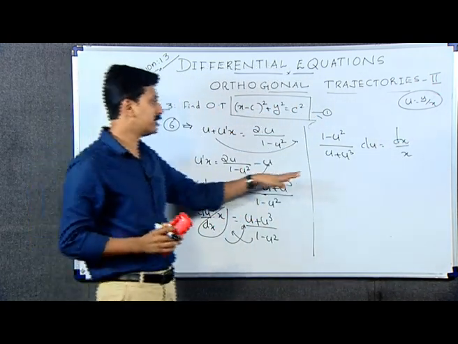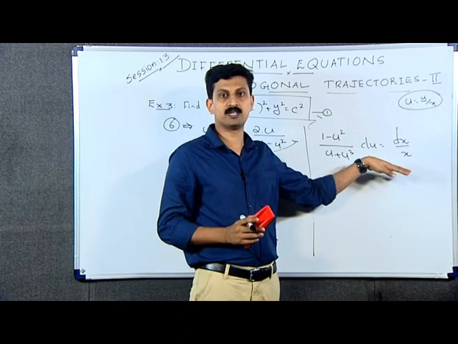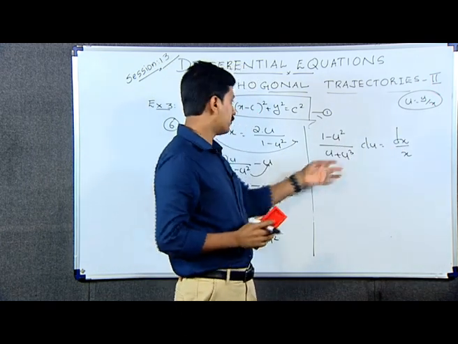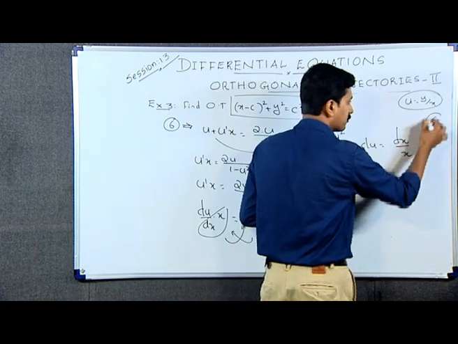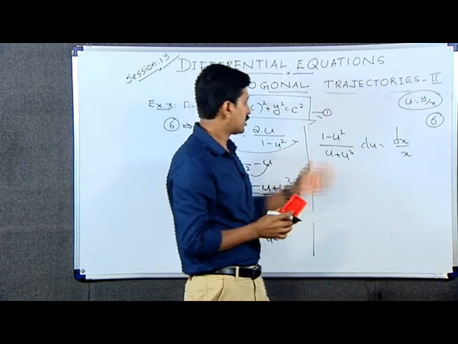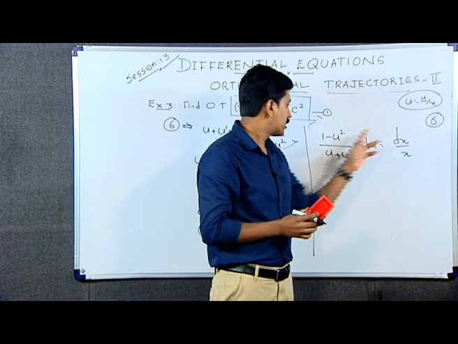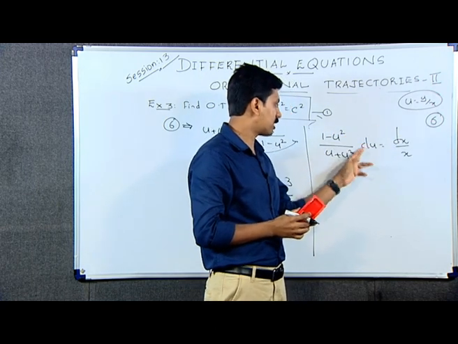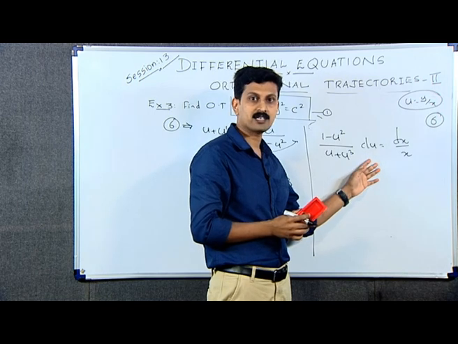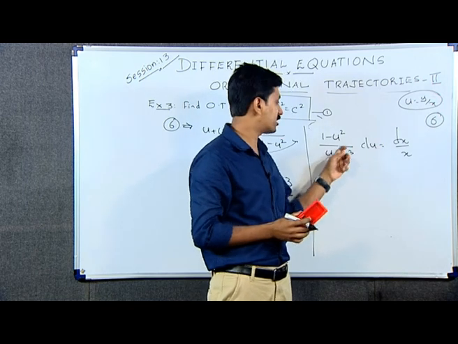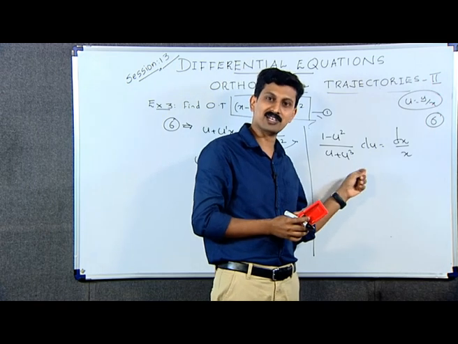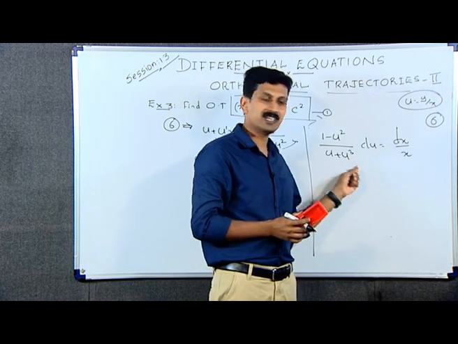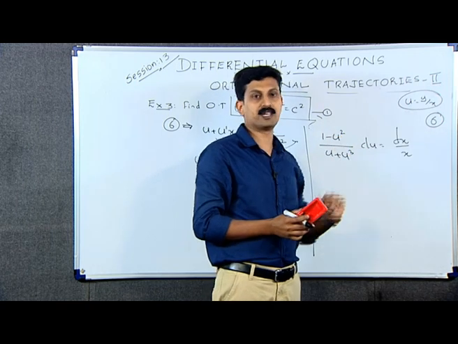Now, we are happy our variable separated form is there. This is the equation we generated from equation number 6. Now, we can solve this differential equation. So, we will have a solution in terms of u and x. After solving this differential equation, we can change u as y by x.